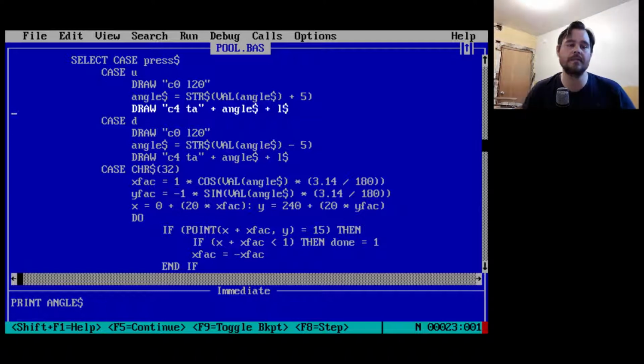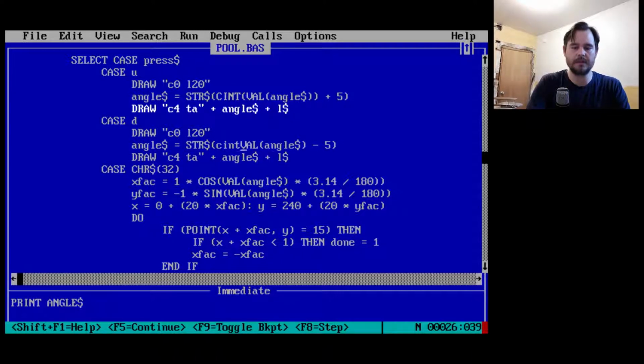That's why it's stopping here, because you can't have an angle of 4.99999. That can't happen. So that's why I was doing this CINT earlier. CINT rounds it to the nearest integer. So this is not something I would have had to do when I was running on real hardware.